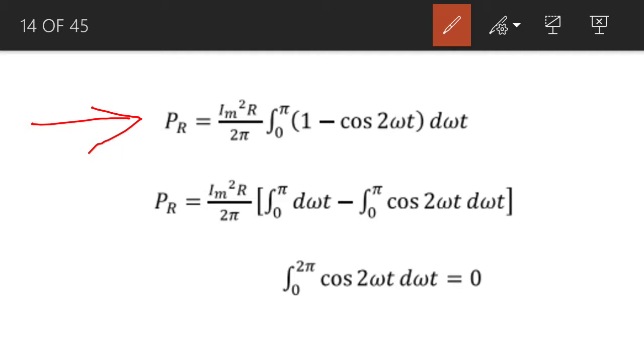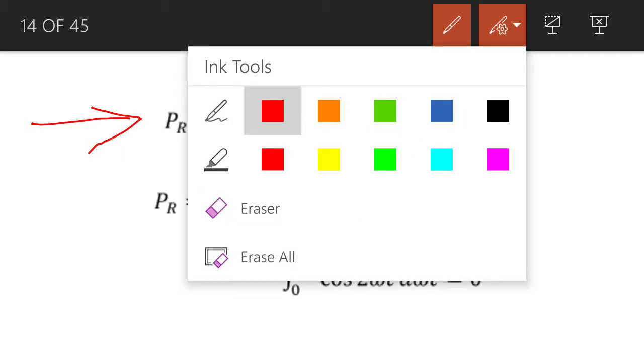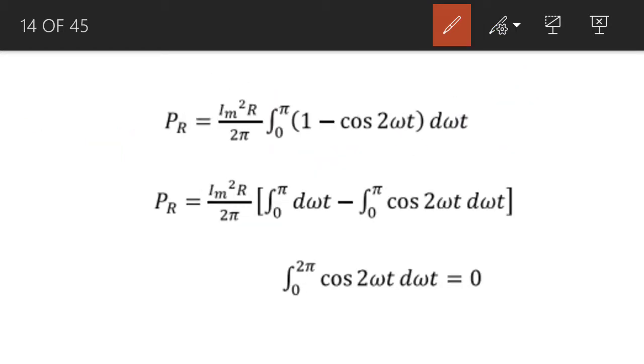The average value of the AC power is equal to Im square R by 2 pi, the integration from 0 to pi of (1 minus cos of 2 omega t) d omega t. And the same equation can be written as Im square R by 2 pi.